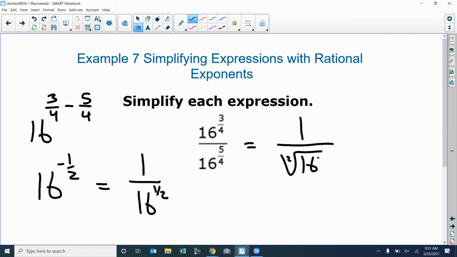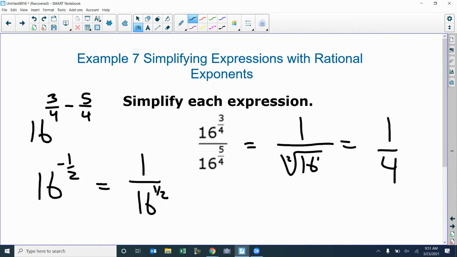It'd be 2 here and 1 here. Well, now if you write it that way, most of you have recognized that to be what? 16 to the half, you recognize that to be what? 4. It's the square root of 16. So if you see half, that means the square root. So what's this whole thing end up really simplified to? 1/4.